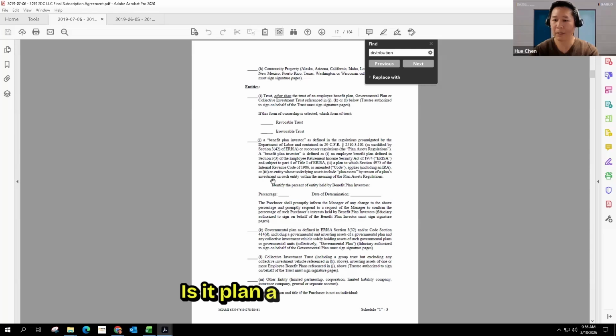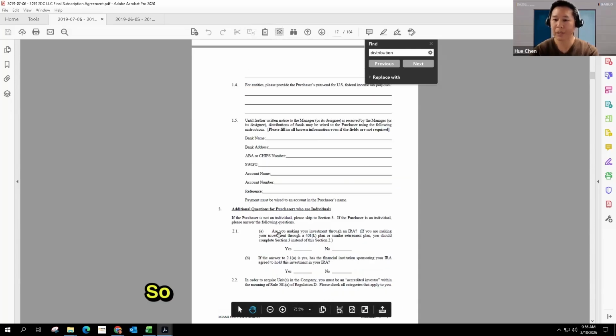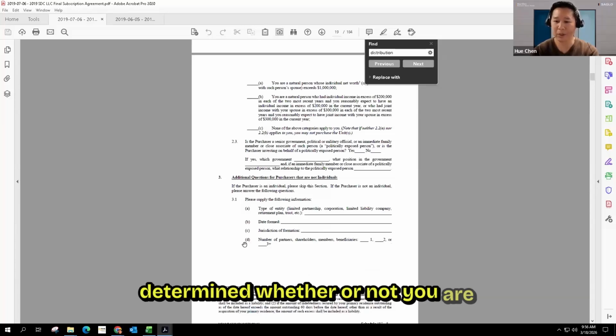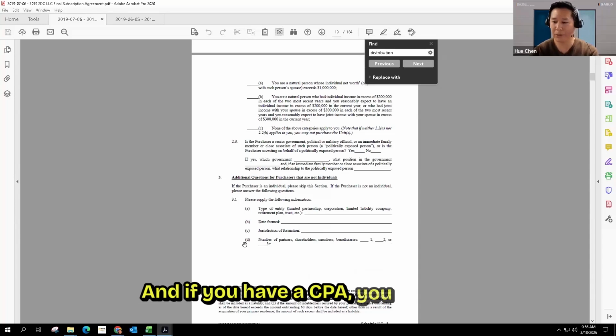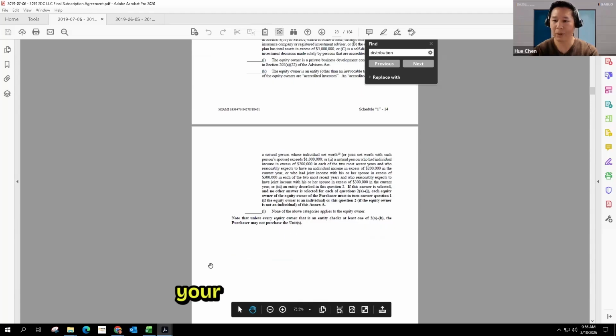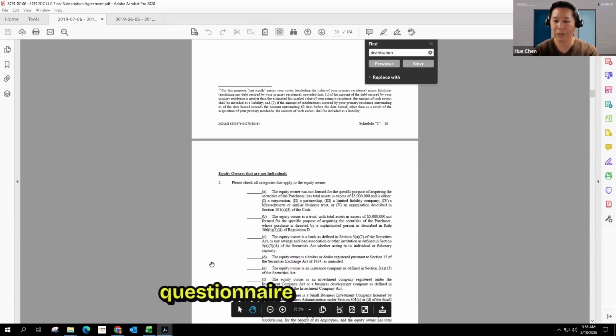Is it a benefit plan investor? Is it a collective investment trust? Or other entity. There are all these questions that you have to answer, and based on that, it is determined whether or not you are accredited. And if you have a CPA, you can just have your CPA fill this out as well. You can see the questionnaire gets pretty long.